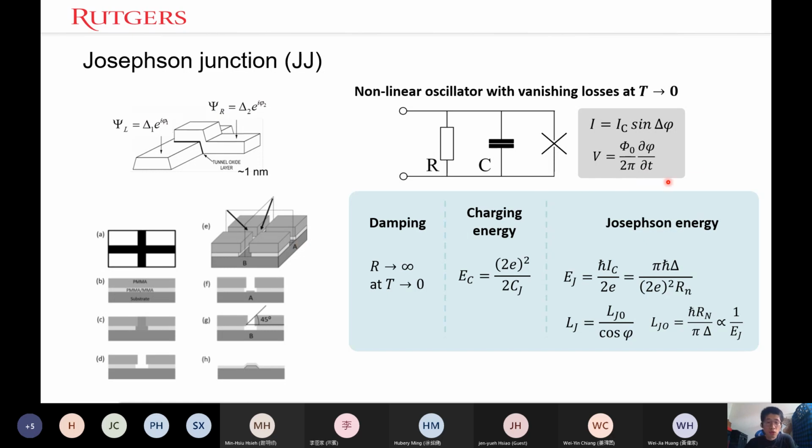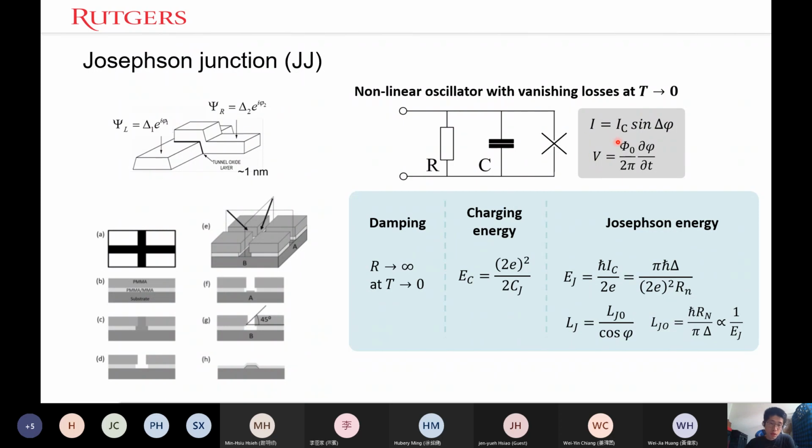The circuit diagram of the junctions include three elements. The first one is a resistive response that's responsible for all possible losses. Then a capacitor formed by these parallel plate structures. And the last one is the nonlinear element described by the Josephson equations, where the current through this nonlinear element is proportional to the difference of the phase of the macroscopic wave function describing the Cooper pair condensate in the two electrodes.